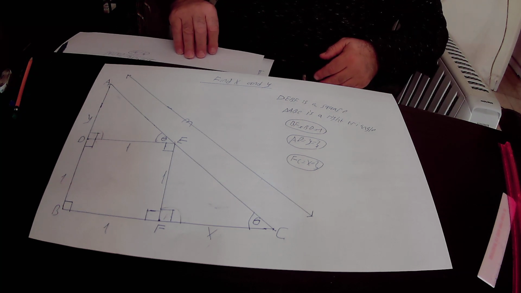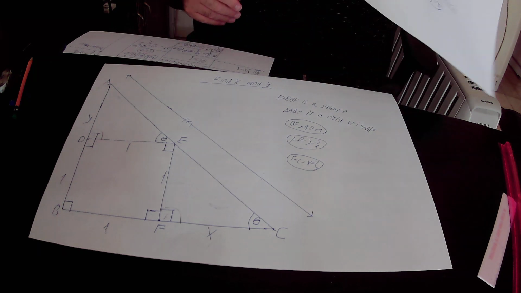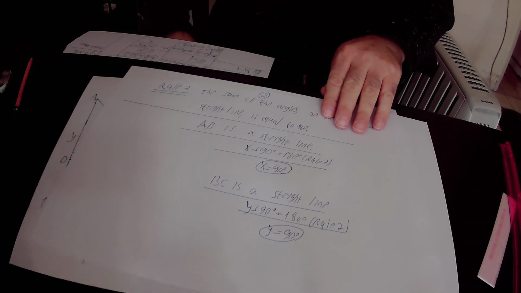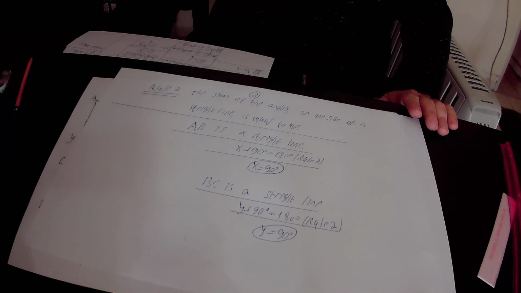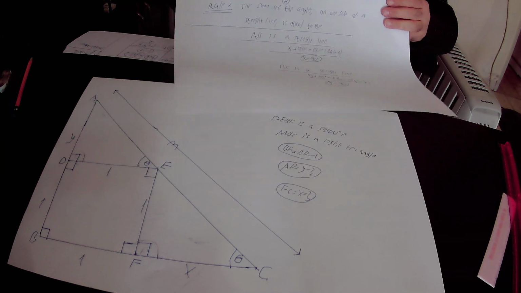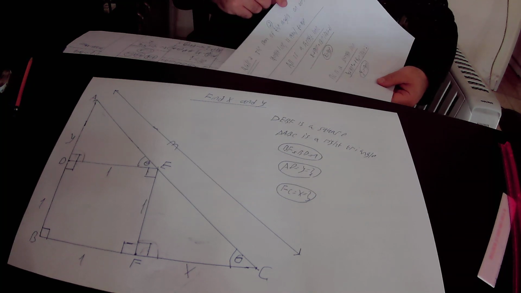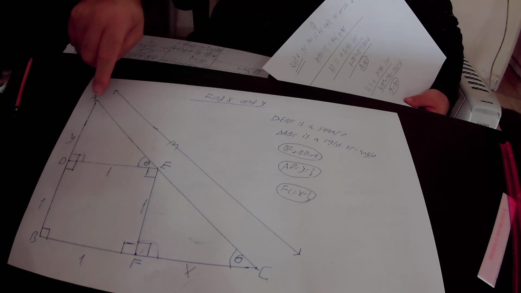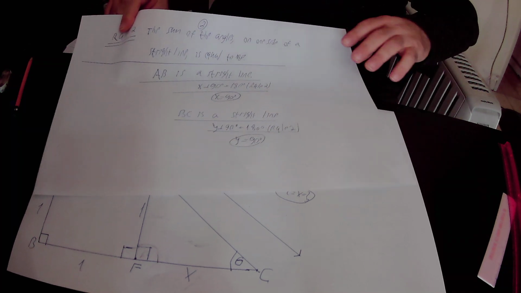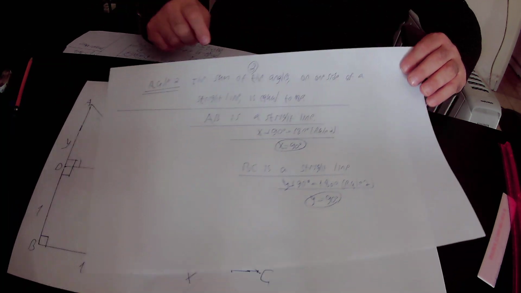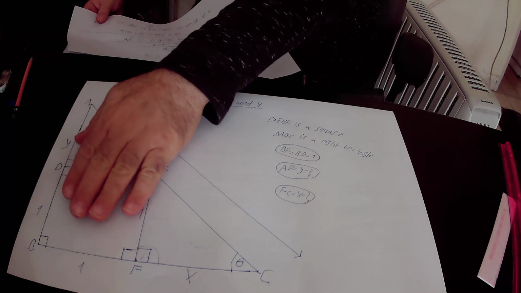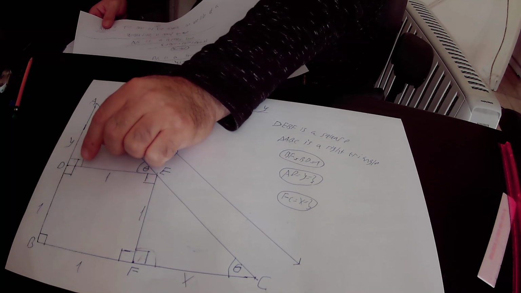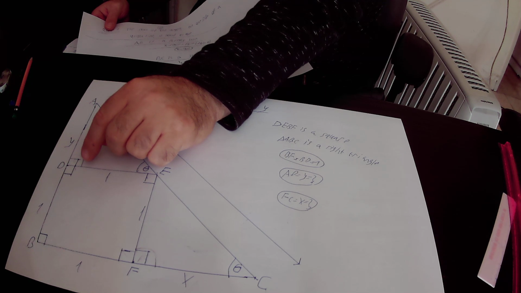Then I presented to you rule number 2. According to rule number 2, the sum of the angles on one side of a straight line is equal to 180 degrees. AB is one side of the right triangle ABC, therefore it is absolutely a straight line. If you focus on this side of the straight line AB at point D, then the sum of the angles must be equal to 180 degrees.